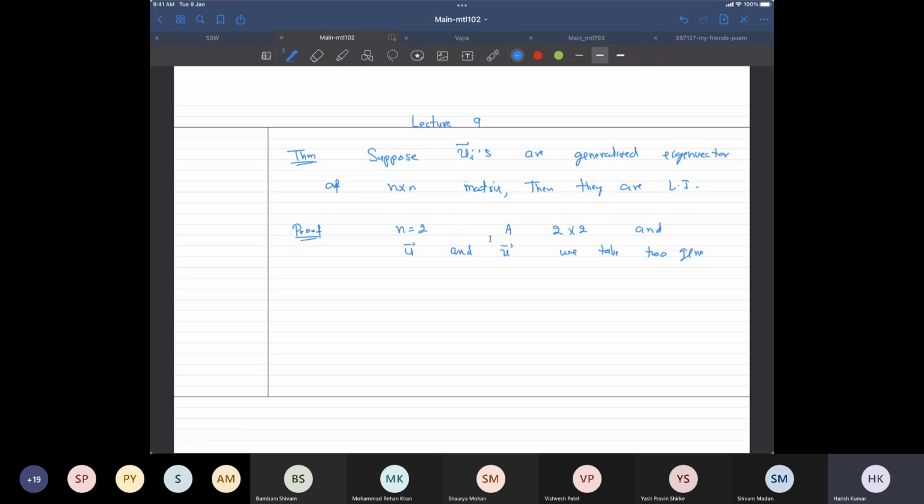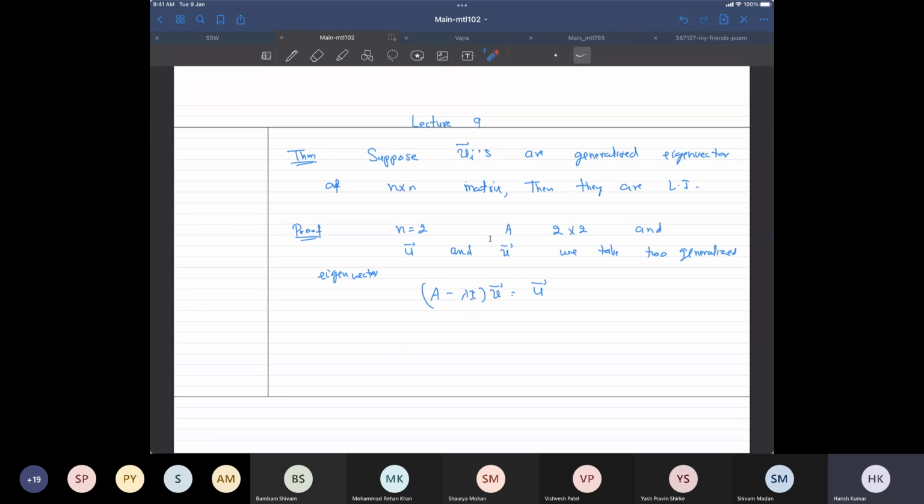Of course, one of them will be an eigenvector, so you will have some relation like this. Note carefully, u will be an eigenvector and v will be a generalized eigenvector of index 2.